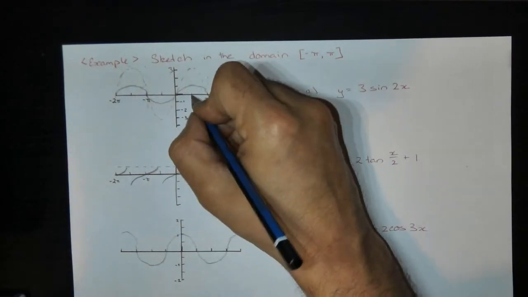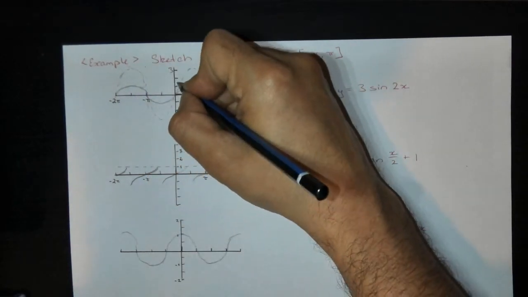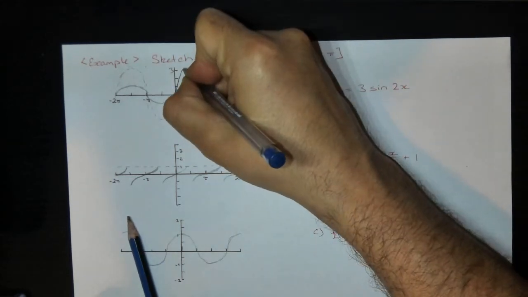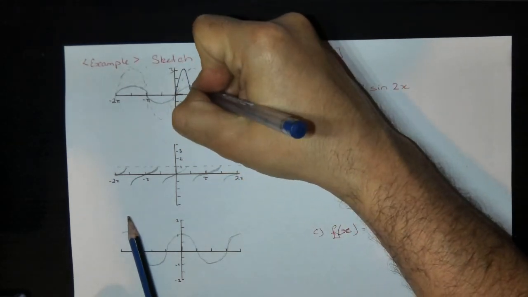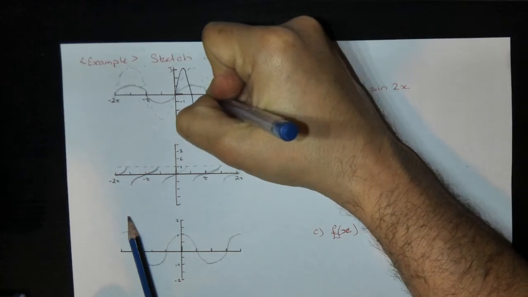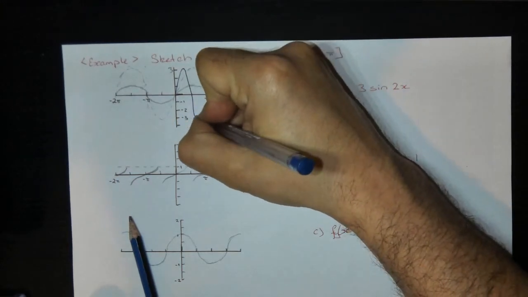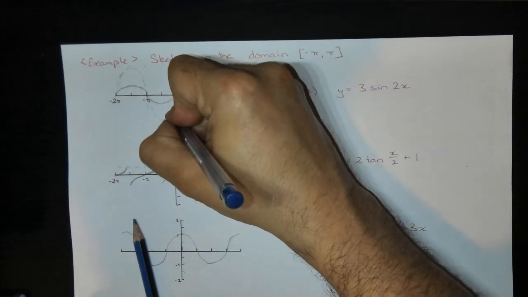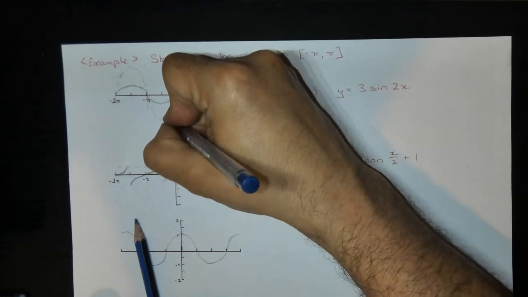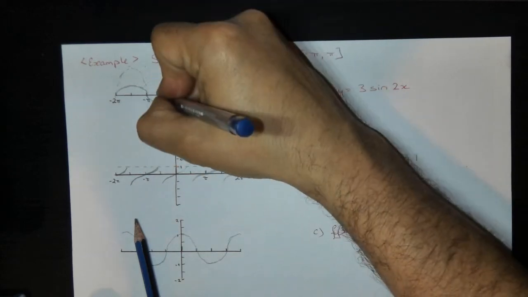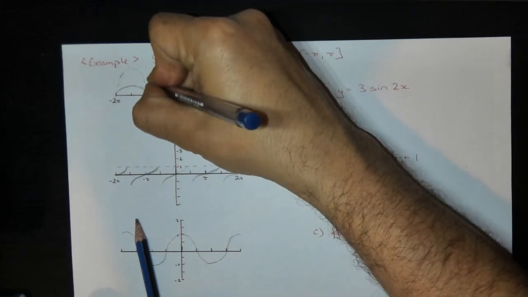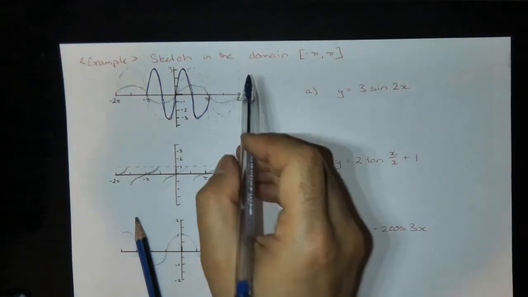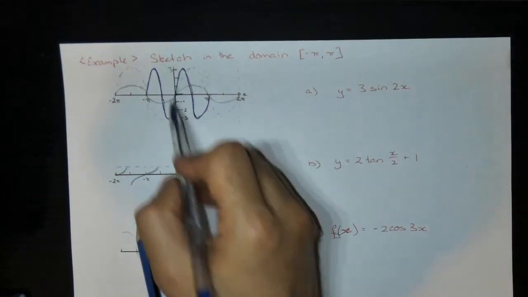So what's going to happen is we're going to get this. Okay, and as I'm going from negative pi to pi, that's all I have to do.